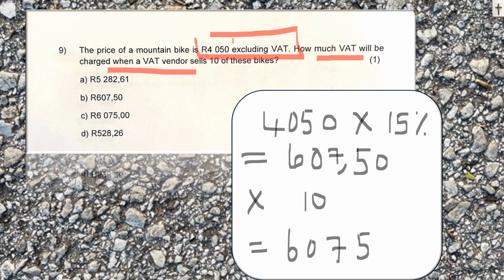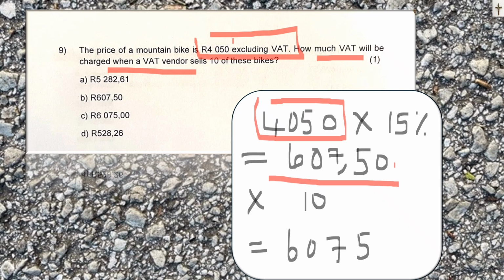So to get the VAT amount, when it is excluding, we multiply by 15%. Excluding, that becomes 607.50 VAT per bike.